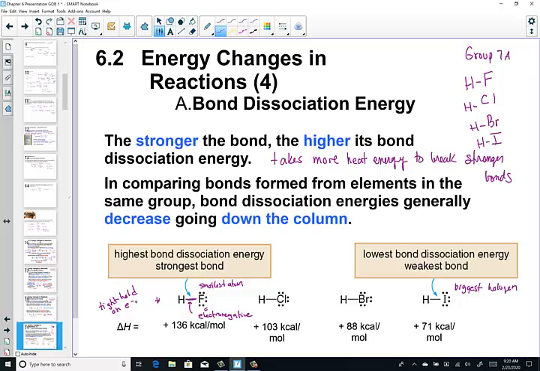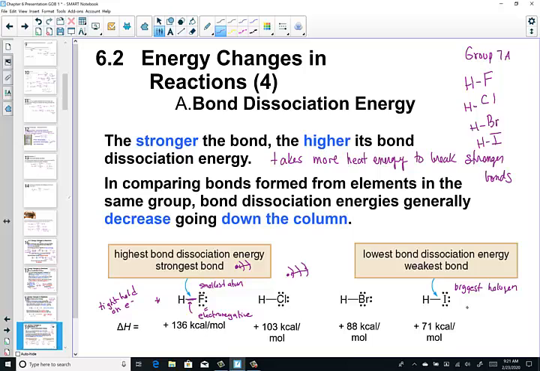And as you think about the size of fluorine, here's its nucleus, and it only has 2 energy levels. So you can see that the protons have a great ability to keep its electrons close. By the time you get to chlorine, there are 3 shells, so this has become a little more shielded. The protons are having a harder time keeping those electrons close.